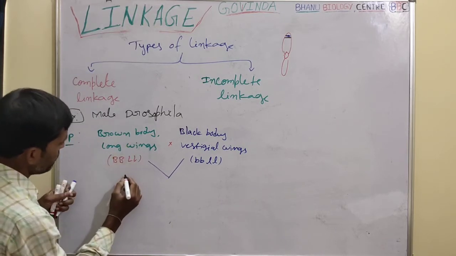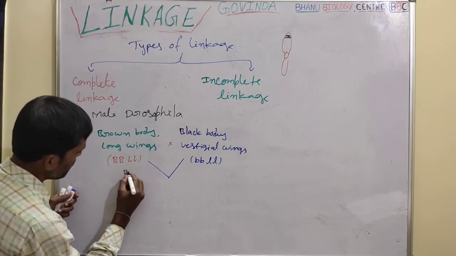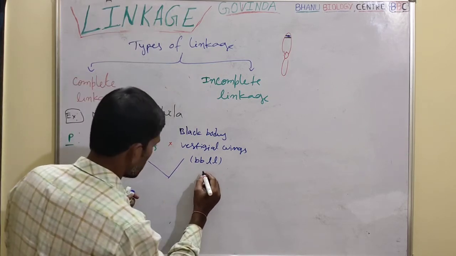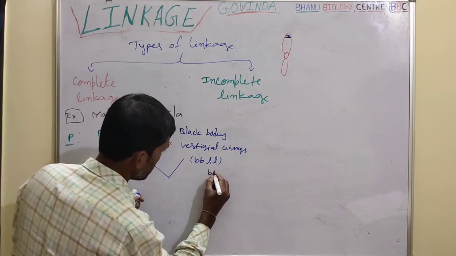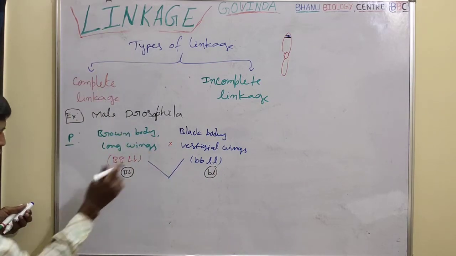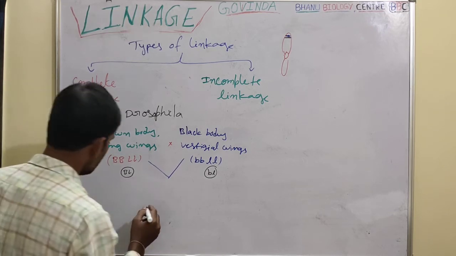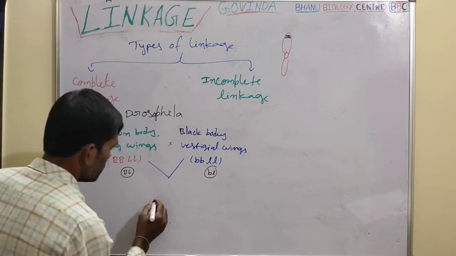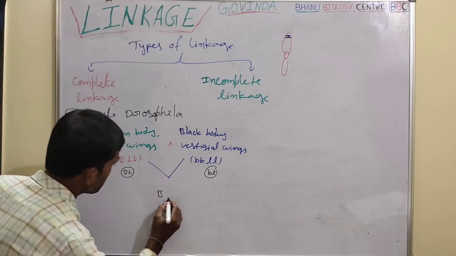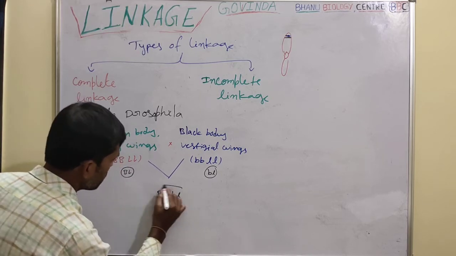This Drosophila produces gametes with capital B, capital L alleles. This organism produces gametes with small b, small l alleles. When a cross is made between these two, the F1 generation is in a heterozygous condition, that is capital B small b, capital L small l.